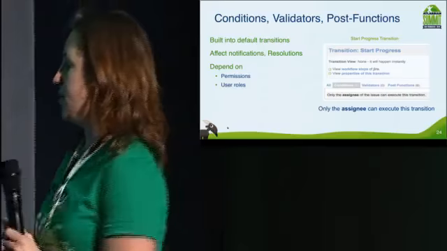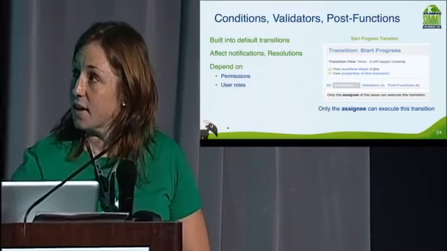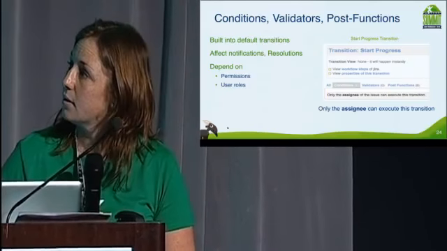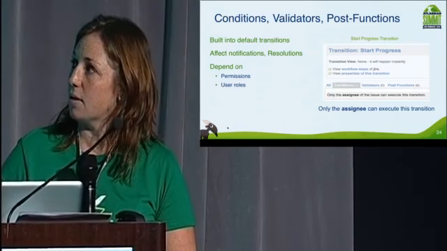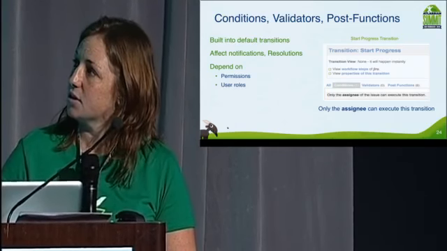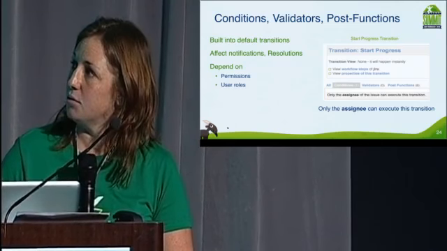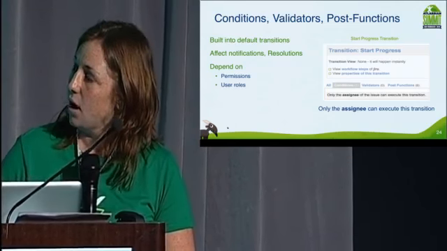Other questions? Yeah. Sure. So let me see if I can jump back to one. So the question was, when you talk about conditions, validators, and post functions, where do you configure those?